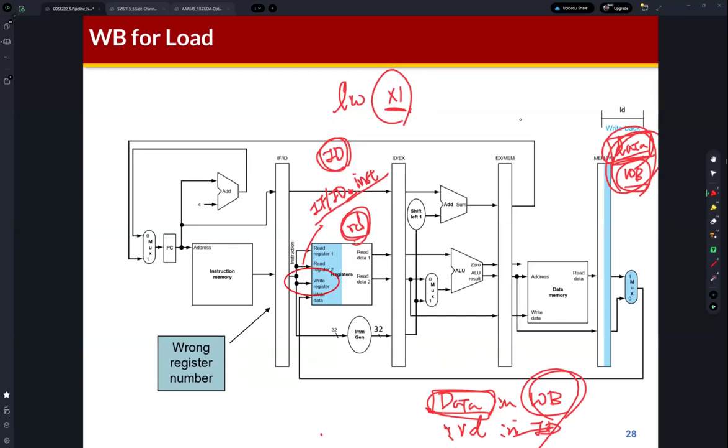I mentioned that we need to consider the timing of data, and also the timing of the destination register number, right?